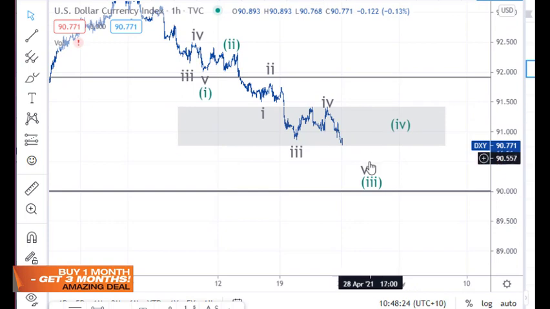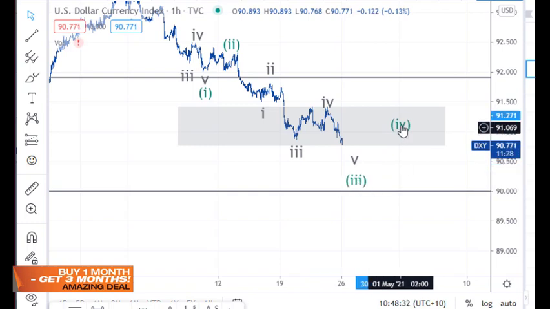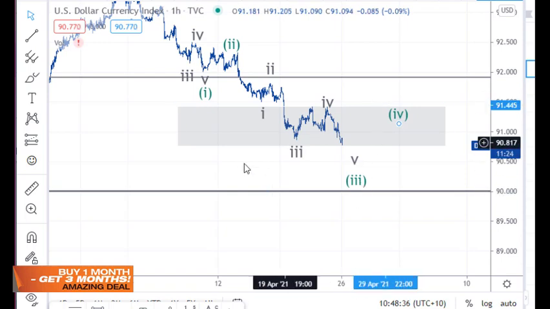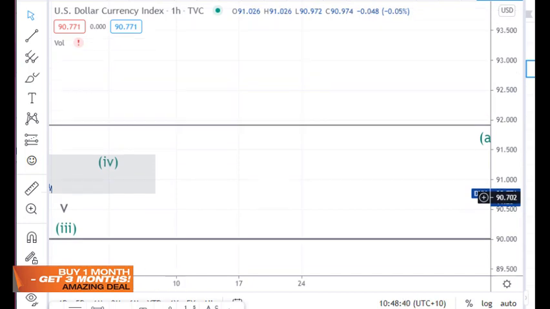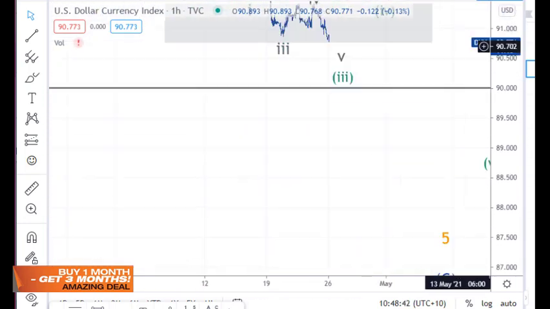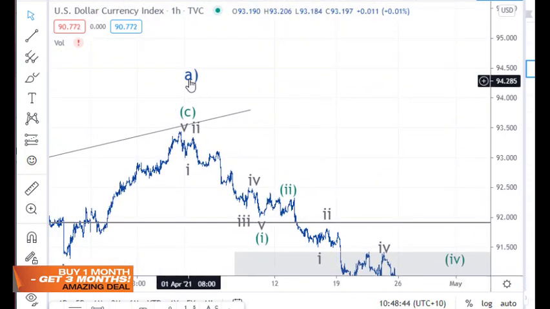So this is where this move down through here into the lower end, the 61.8%, can be wave 3 and 4 here, or it can be wave B here as well. So I had wave B sitting here somewhere before. No, so I'll just copy this one.